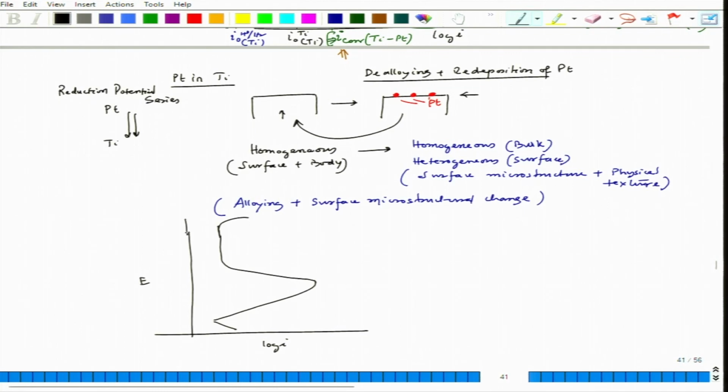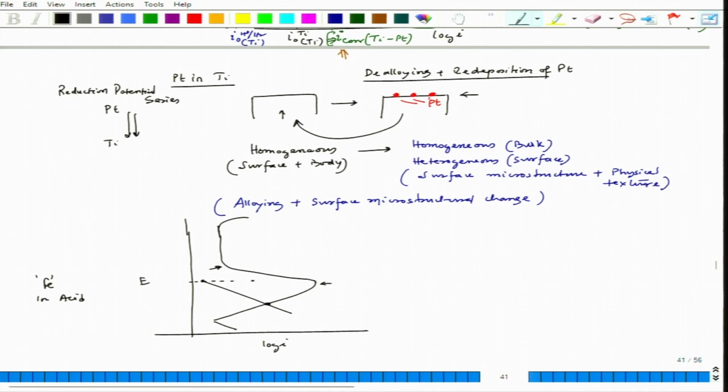This is the typical active-passive behavior iron shows, but initially on the iron surface, this was my cutting point for the hydrogen evolution reaction. This is again in acid, in the case of iron. There, if we put platinum, this potential is between this point and this point.